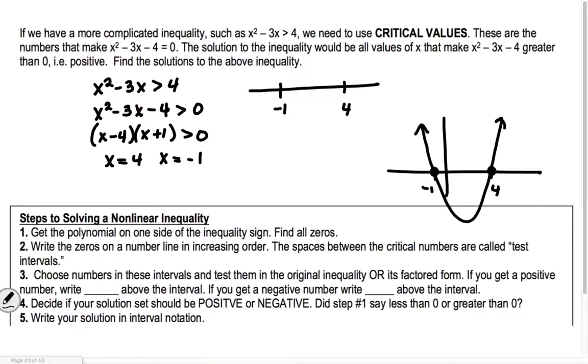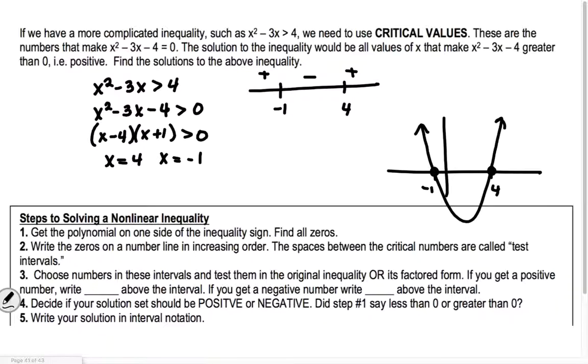Do we agree? What we're asking for is when this parabola, x squared minus 3x minus 4, is greater than 0. Where is it higher than the x-axis? In the middle or on the ends? On the ends. You can see here and here, it's above the x-axis. So you can kind of outsmart the system if you have some knowledge about graph theory. If you can say, oh wait, I understand what this graph looks like, then I know the ends are going to be above the axis and the middle is below.